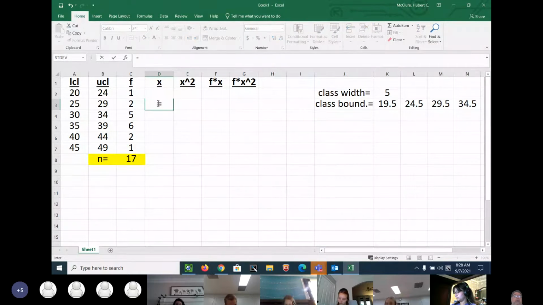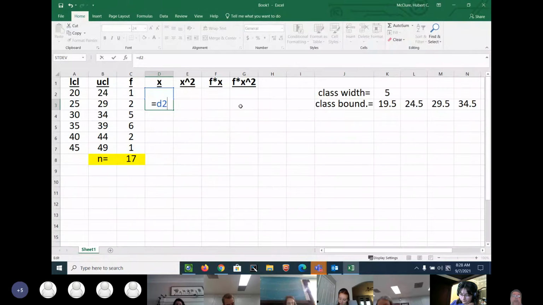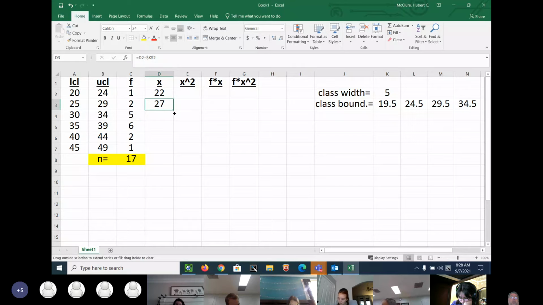So I'm going to add D2 plus this number, with absolute reference F4. And I'm going to copy that down. And that should be my midpoints. Y'all check, make sure I didn't make a mistake.